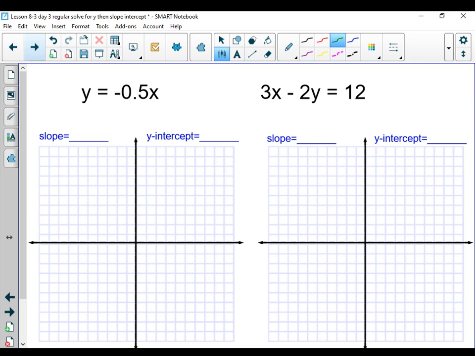Pete. -1/2. Oh, that seems so much better, doesn't it? Let's just write what 0.5 is equal to. Half with a negative and an X. Rin, you gonna help us? The y-intercept is 0.